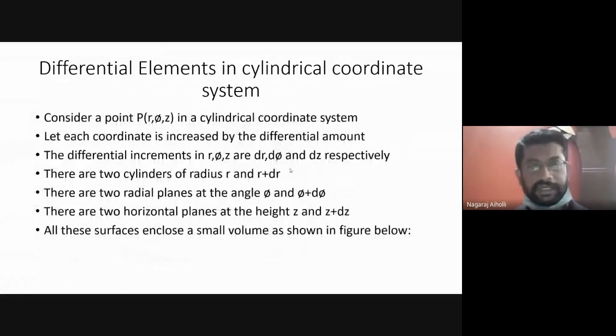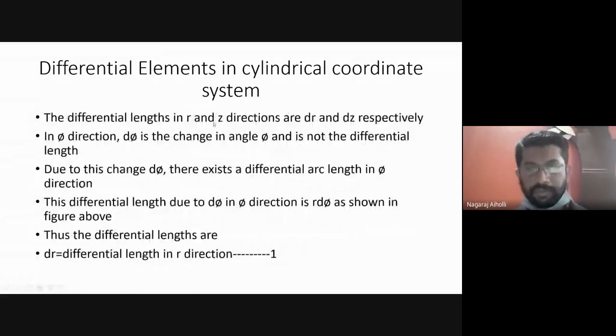The differential lengths in the r and z directions are dr and dz. No problem. In the phi direction, d phi is a change in angle phi, but it is not the differential length. We want a differential length, and hence due to this change d phi, there will be a differential arc length, which is given by the product of the radius and the angle d phi subtended by that radius r.